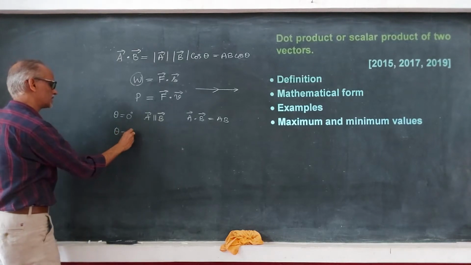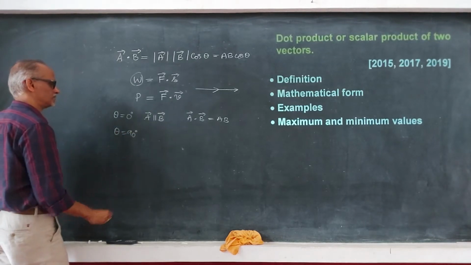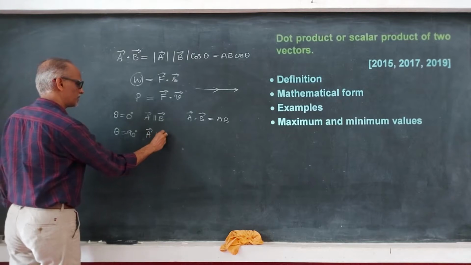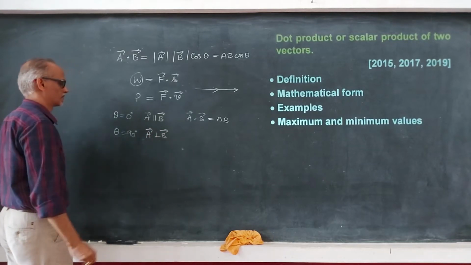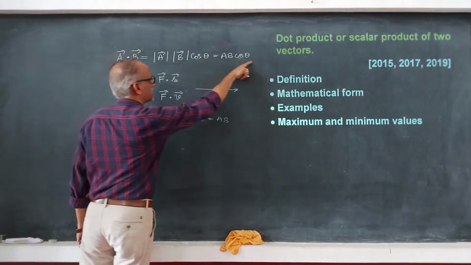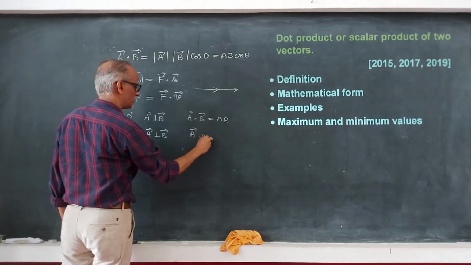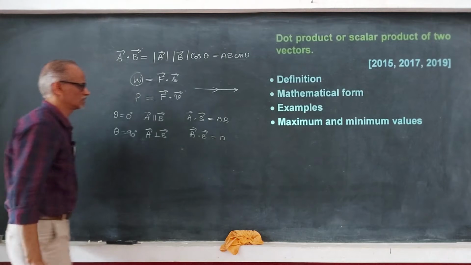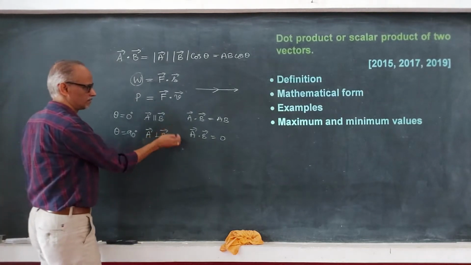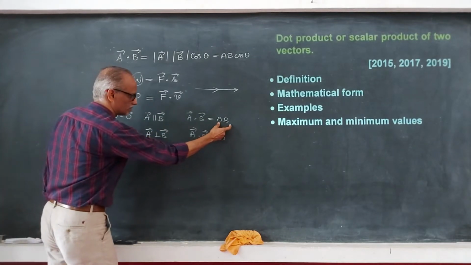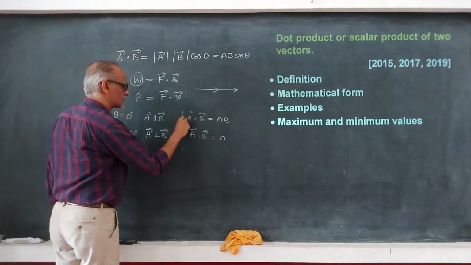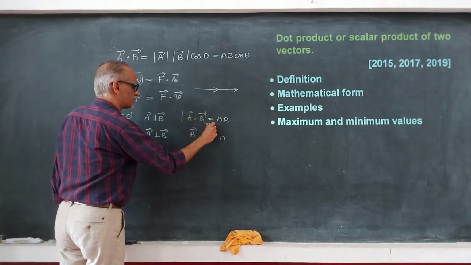Next, when theta is 90 degree, vector A is perpendicular to vector B. Cos 90 is 0. So we will get A dot B is equal to 0. So now tell me, out of these, which is more, which is less? This is more, this is less. So therefore, this is the maximum value.